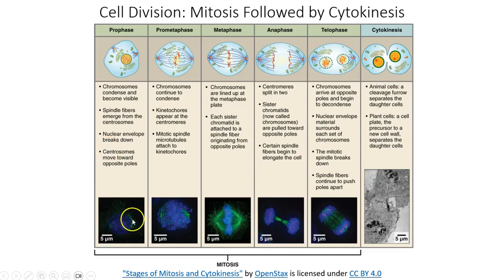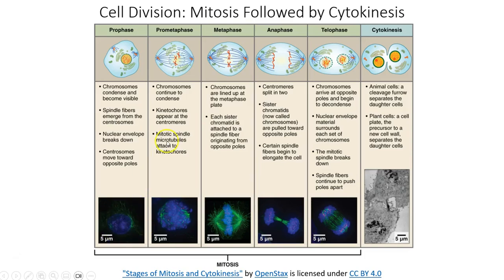And so you can see down here in these microscopy images, with that fluorescence microscopy that I mentioned before, we have the chromosomes highlighted here in green. And we start seeing some green forming here in prophase.